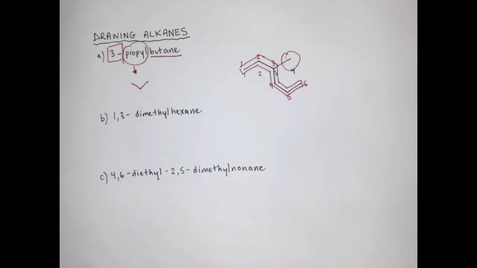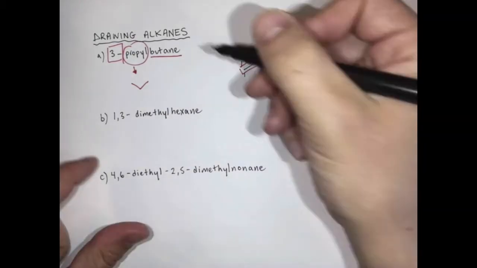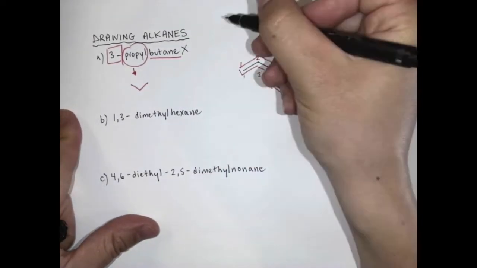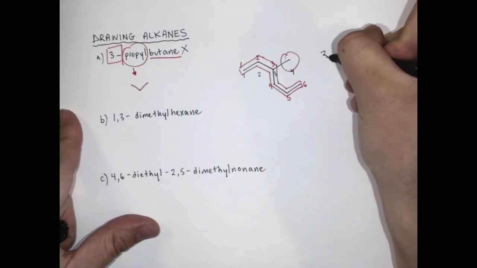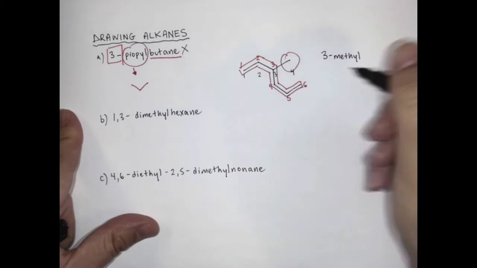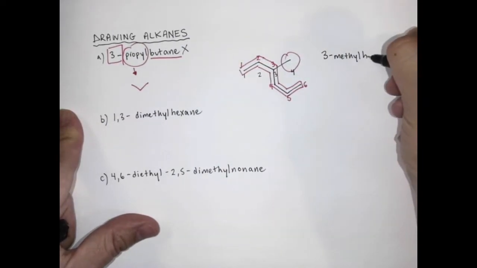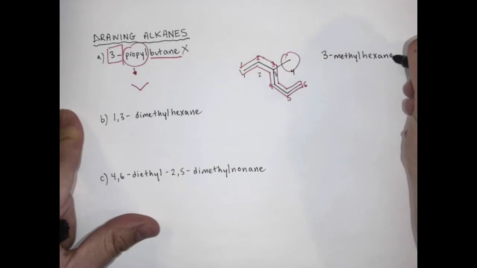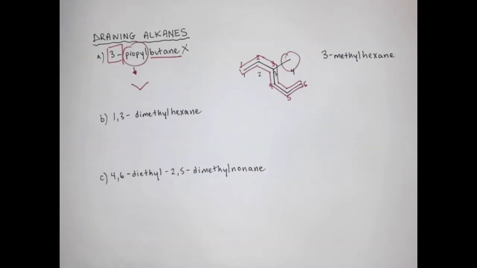So instead of calling this 3-propylbutane, it should actually be called 3-methyl, 6 carbons, so that means it's hex. 3-methylhexane. It should actually be 3-methylhexane.